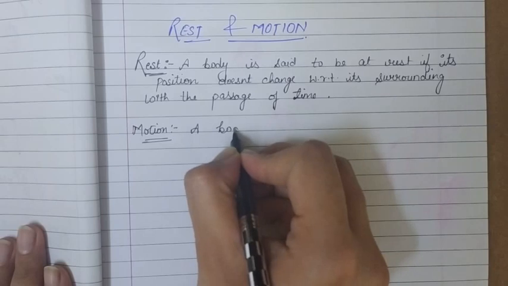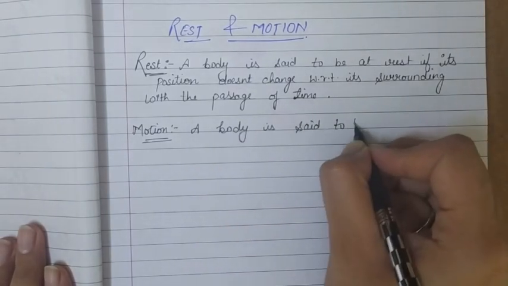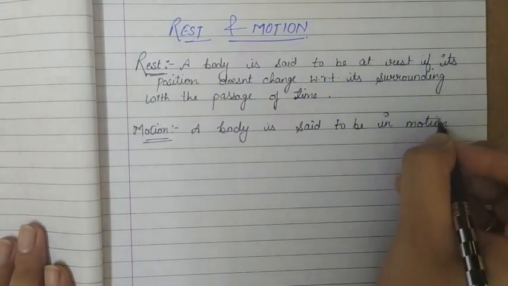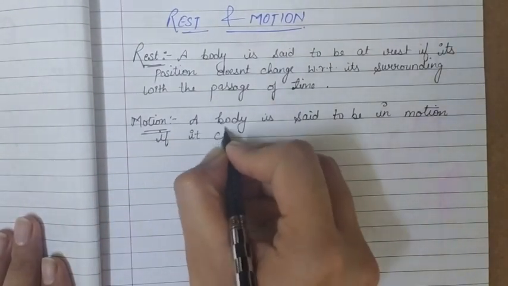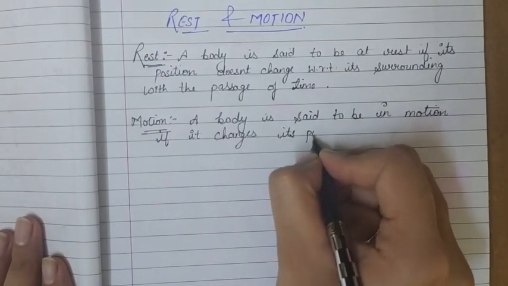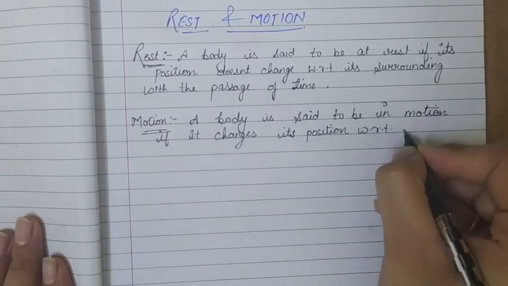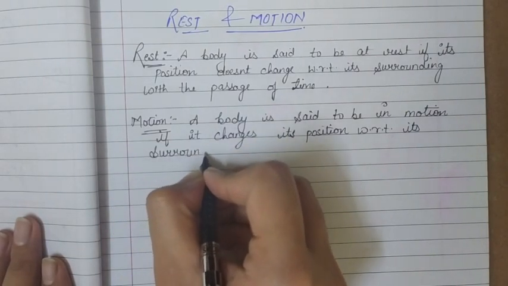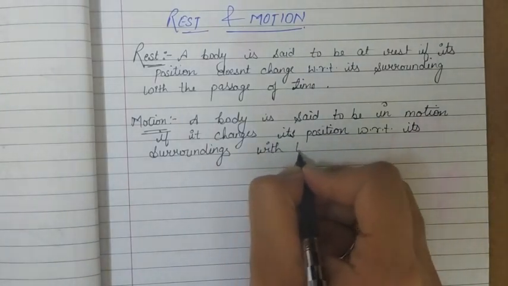So we can define motion as: a body is said to be in motion if it changes its position with respect to its surroundings with the passage of time.